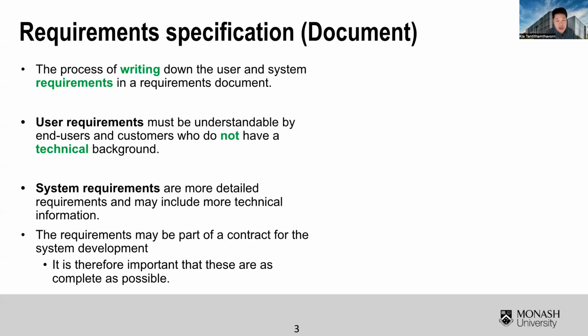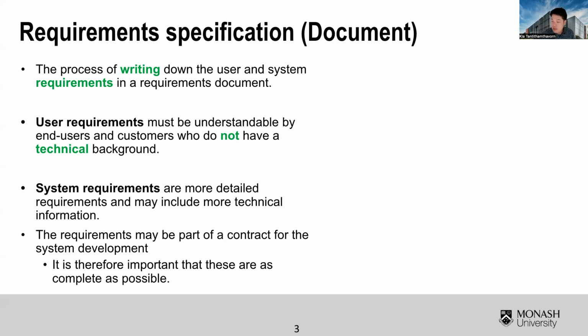Okay. And most of the time, let's think about some scenarios when we outsource the software development projects to the IT company, to the software companies. Normally, we use the requirement specification document as a contract to develop a software system.